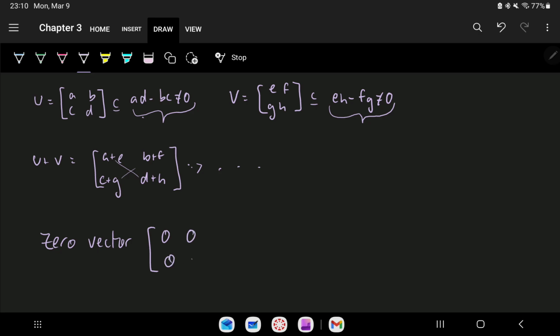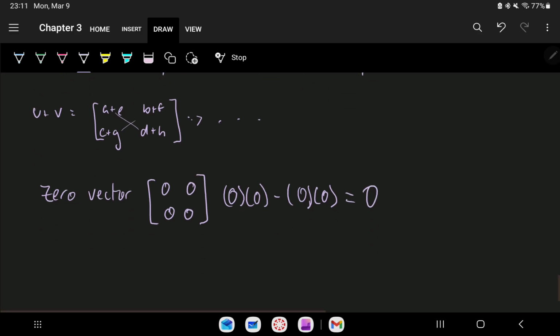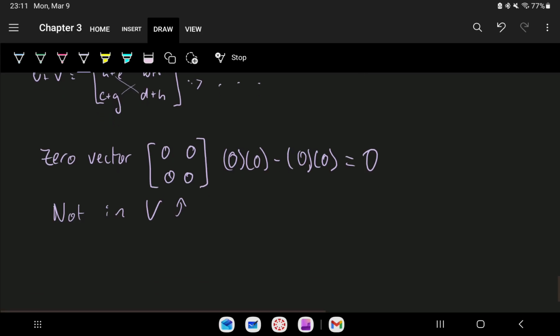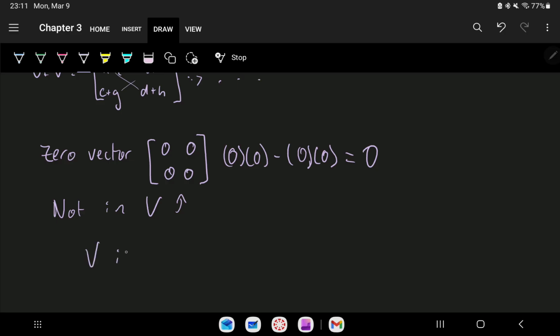And we know that the zero vector is just 0, 0, 0, 0. But the thing is, 0 times 0 minus 0 times 0 does equal 0, which means that V does not include the zero vector, and we have already established this truth that any vector space must include the zero vector. Therefore, V is not a vector space.